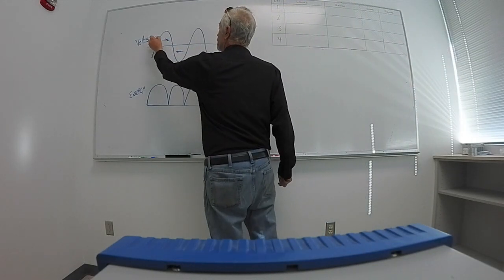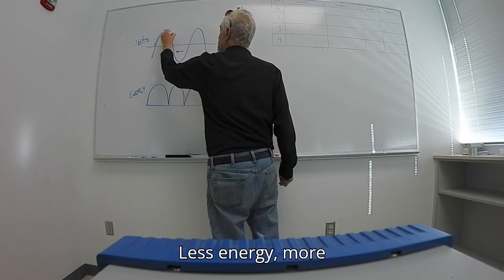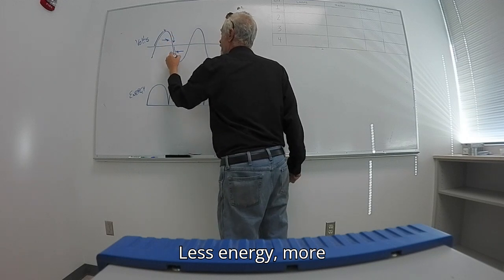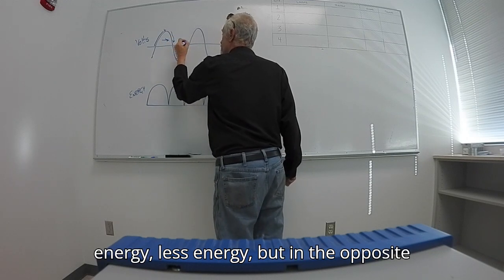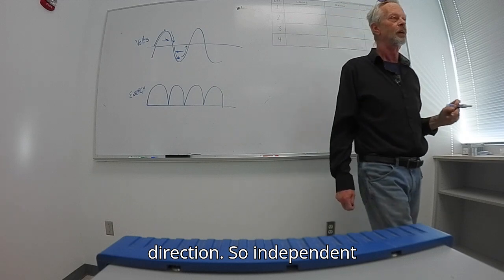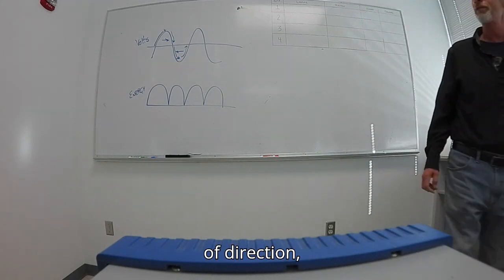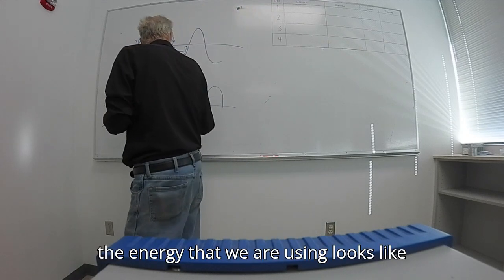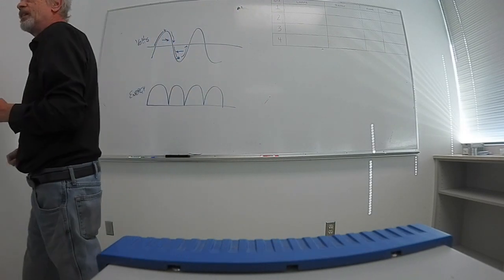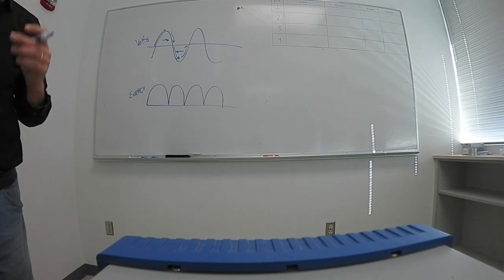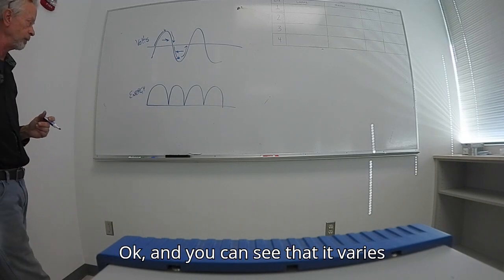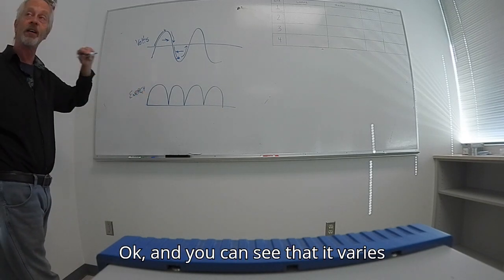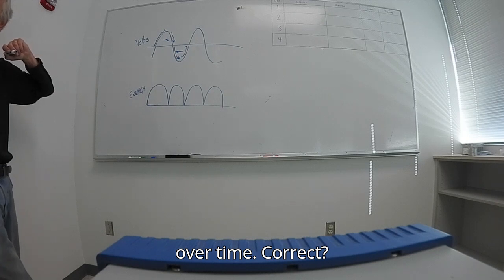More energy, less energy. More energy, less energy, but in the opposite direction. So independent of direction, the energy that we're using looks like this. Okay? And you can see that it varies over time. Correct?